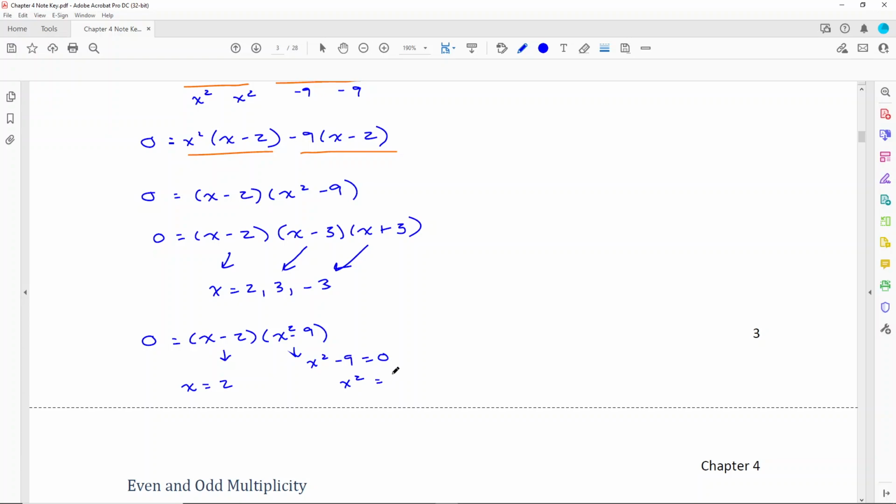When x squared equals 9, x equals plus or minus the square root of 9, or plus or minus 3. So I could have gotten the plus or minus 3 from here. You don't have to factor. I was just being a purist and solving by factoring, but really it just said solve, so I can do whatever I want to get my 3 answers.